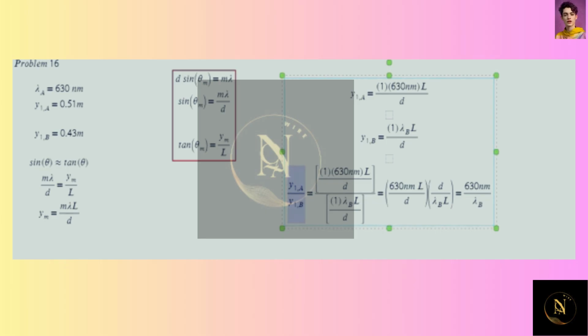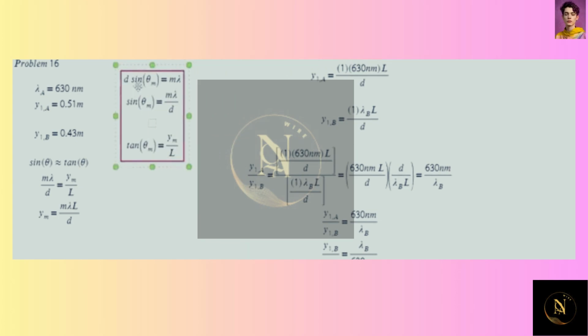So let me rewrite this expression. We are solving for lambda b. A quick way to do this is just to take the reciprocal on both sides. Let's do that. And I'll multiply by 630 nanometers on both sides, and that will give us the answer.